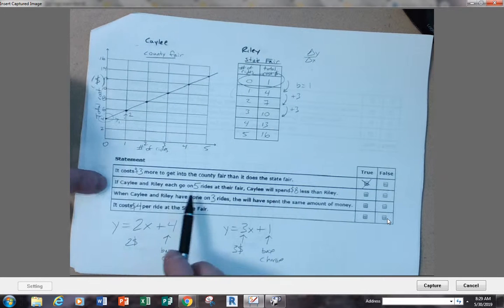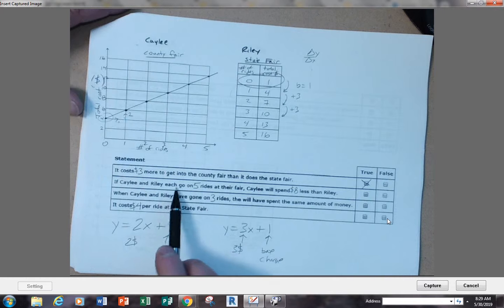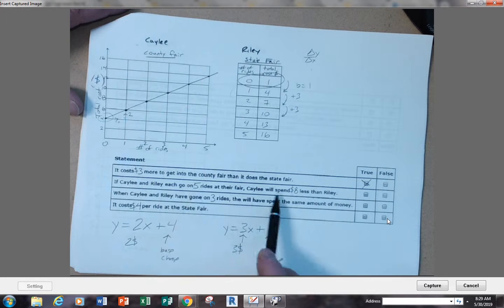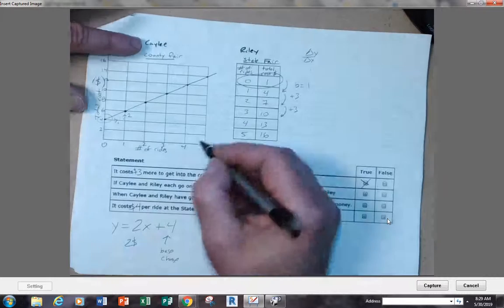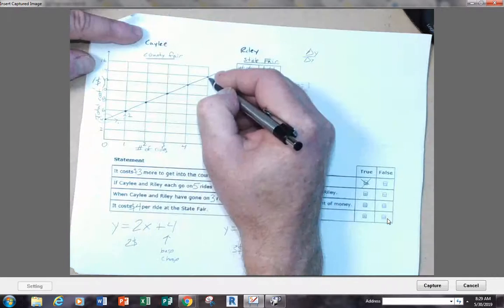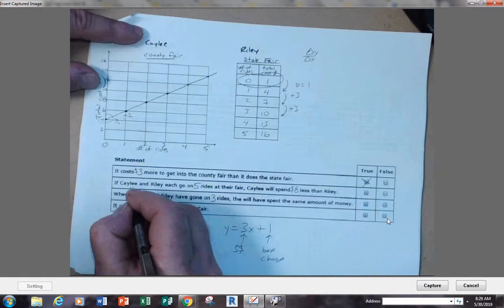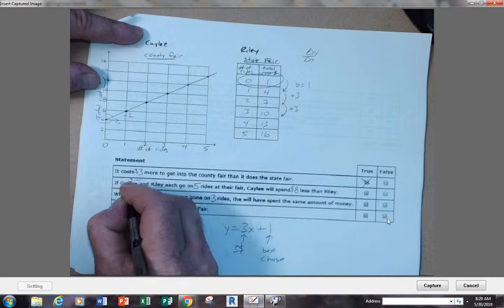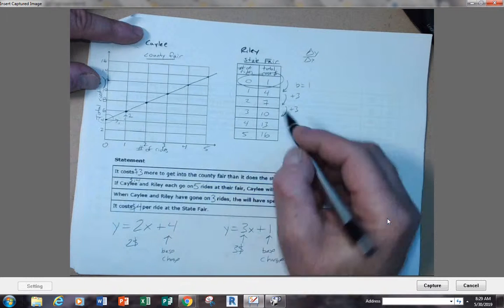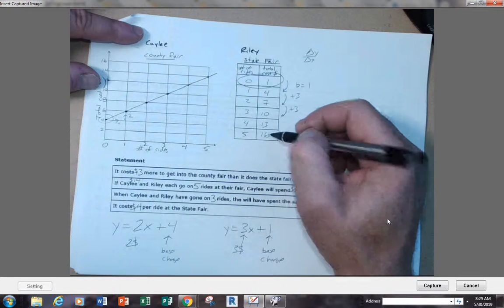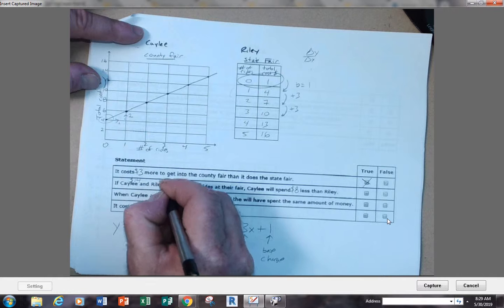All right, 5 rides for each. Kaylee will spend $8 less than Riley. So here we go. Kaylee, for her 5 rides, $14. Riley, for her 5 rides, $16.